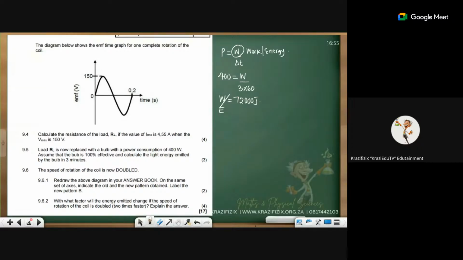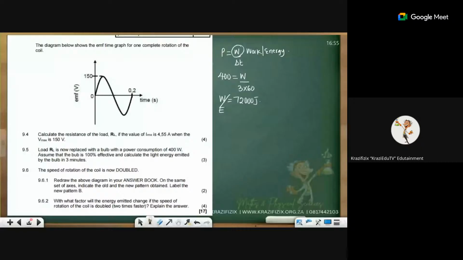The speed of rotation is now doubled. What will happen? There are more graphs within the time. Number one, more waves. Number two, the current will also increase. And not just increase, it will actually double. Redraw the above diagram in your answer book on the same set of axes.